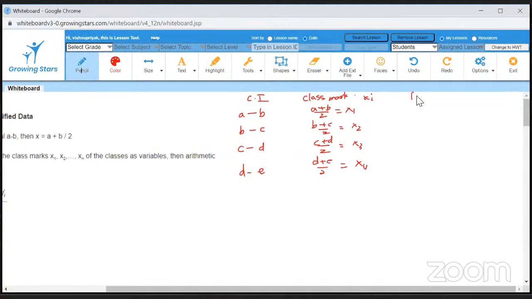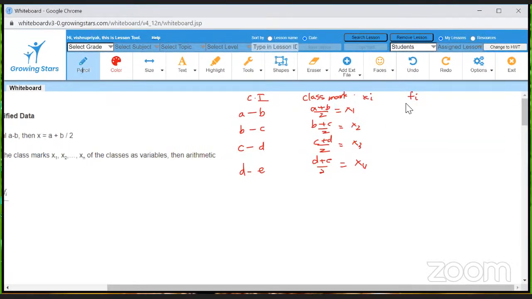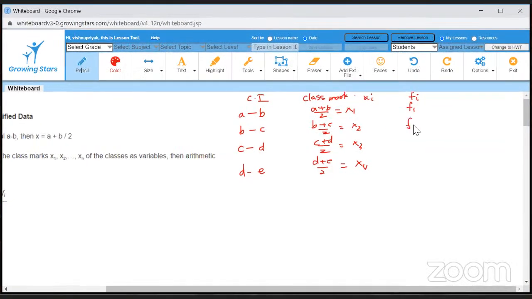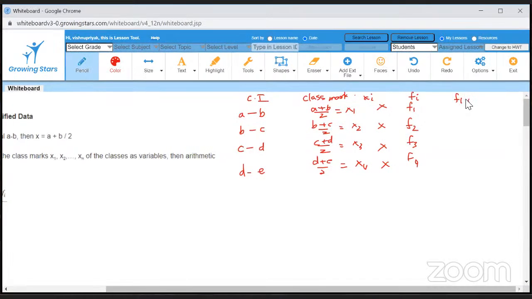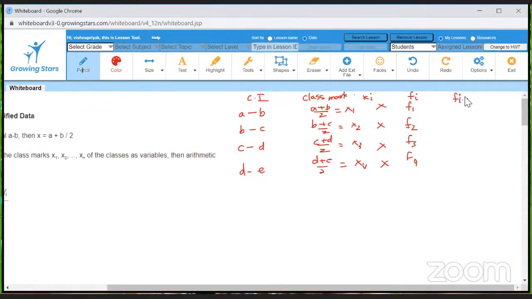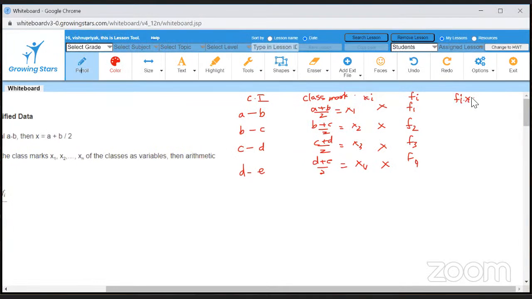After that, frequency will be given to you: the first frequency, second frequency, third frequency, fourth frequency. Now you will multiply F1 X1, F2 X2, F3 X3, and you will make one column Fi into Xi.